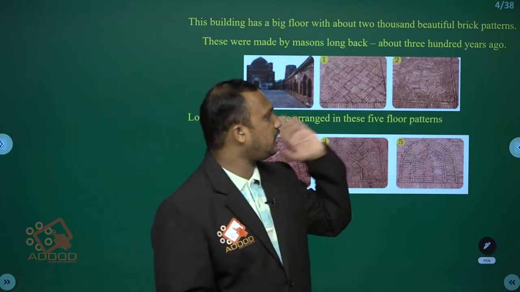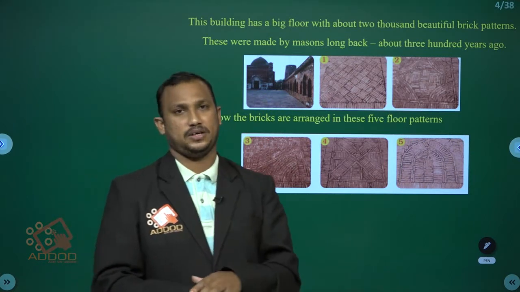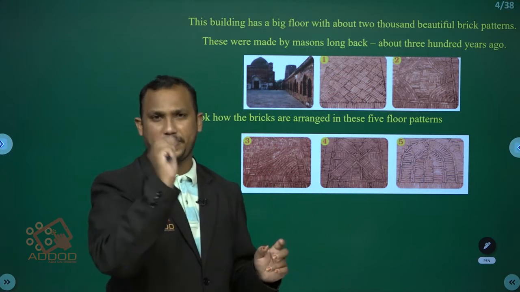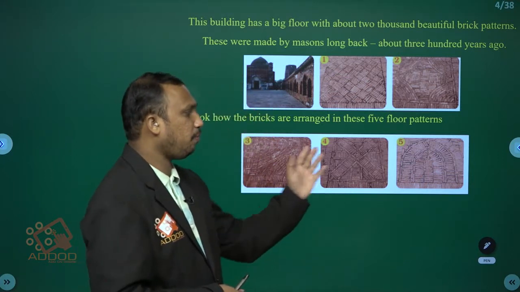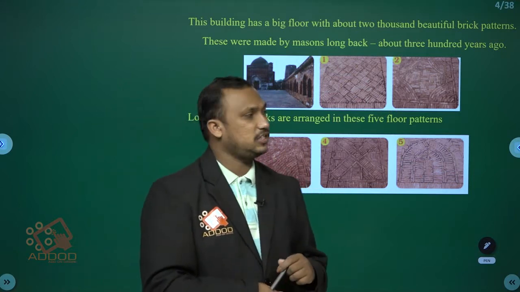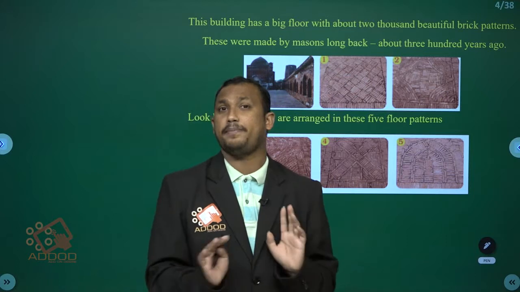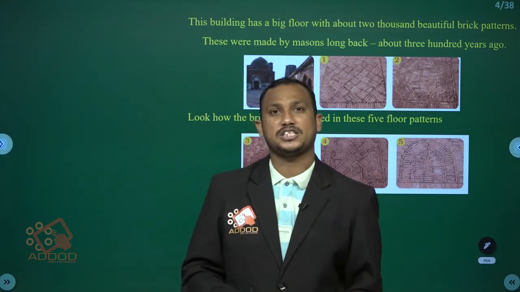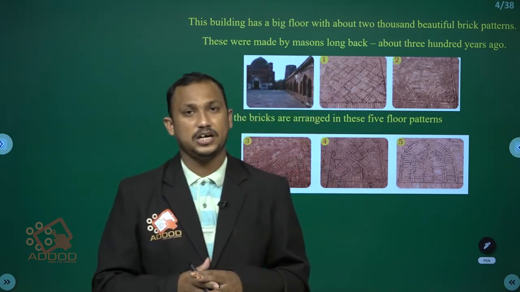For each floor they used a different type of pattern using bricks only. They did not use any other items. They used only bricks, and by taking those bricks, they made beautiful patterns. Yes. So see how it looks. The floor is also very big. He clearly mentioned the floor is very big. So they constructed it very beautifully, and it looks very attractive for the tourists.